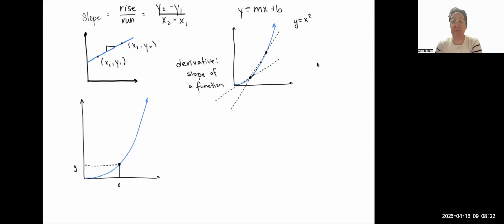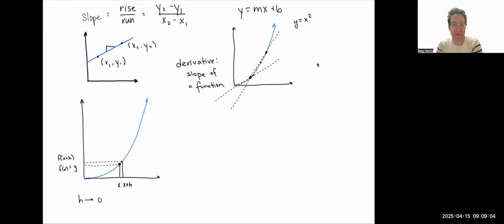And then we're going to look at another point that is infinitely close. So we're going to say it's x plus h. And of course, it also has a y value. We'll call that f of x plus h. And we're basically wondering, as h approaches 0, what does the slope between those 2 points approach? Okay, that's what we're going to be trying to look for here.